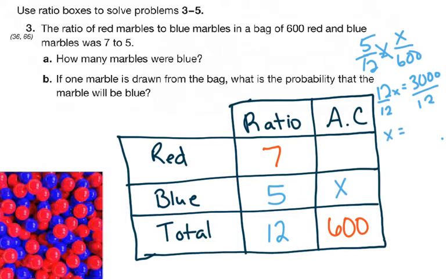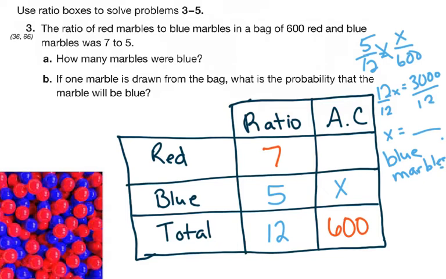And that would have given you what x equals, okay? So you're going to solve that and let me know what x equals. Make sure that you tell me that that is how many blue marbles. That's going to answer A.